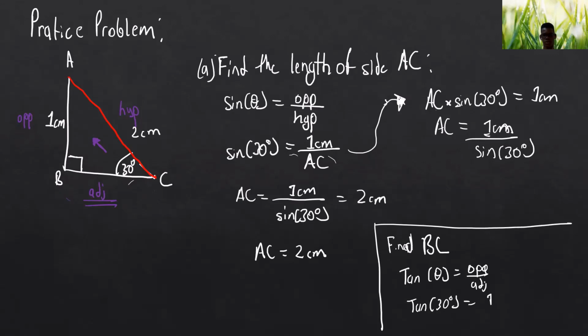The opposite side is 1 centimeter divided by the adjacent, and the adjacent is BC. Again, you can use the trick that I just showed you. If you want to make BC the subject, just swap it with tan 30 degrees. So BC would be equal to 1 centimeter divided by tan 30.